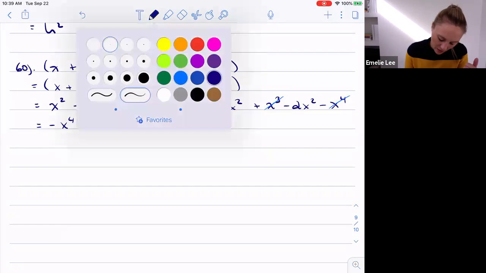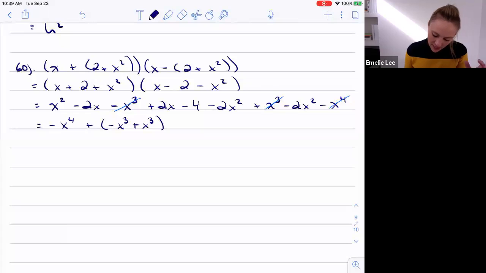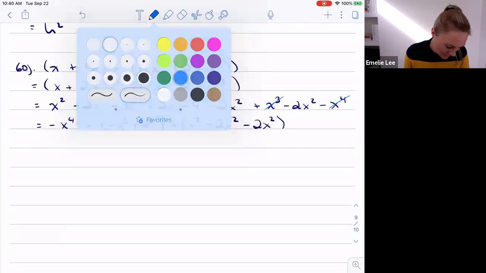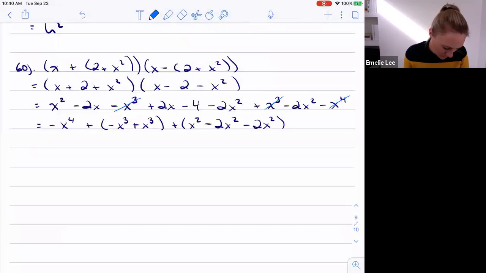Good. So now my x to the power of 2, so plus my first one is x squared, and then I scan here, minus 2x squared, minus 2x squared. So I've got this one taken care of, this one taken care of, and this one taken care of.